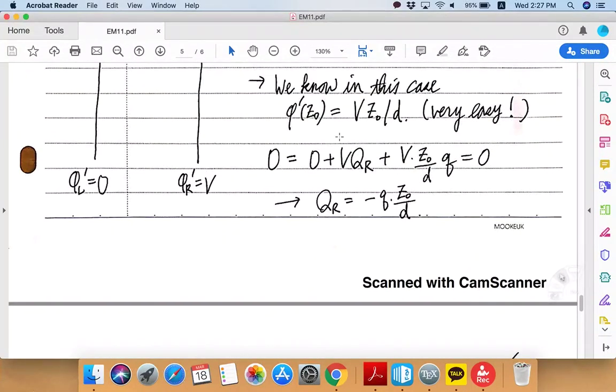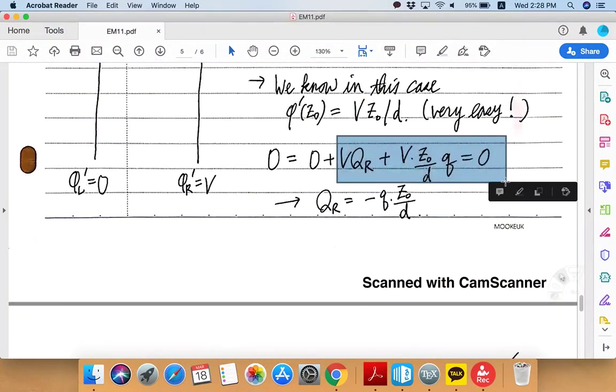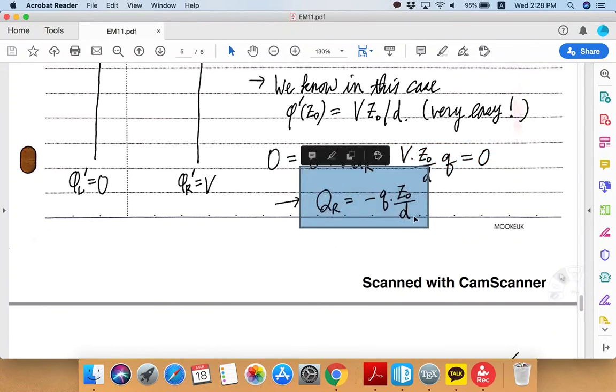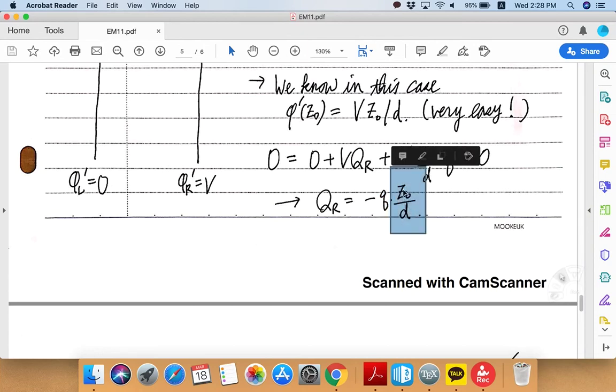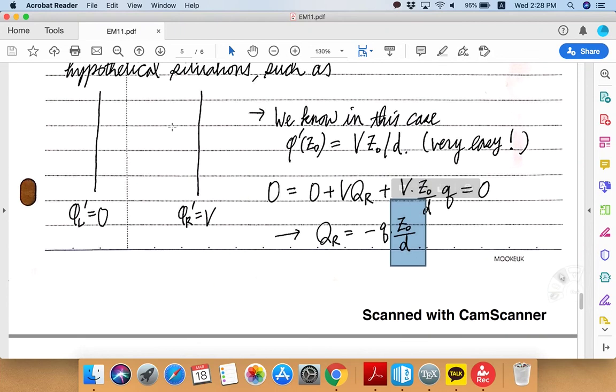And the result is this. Now this trivially gives us the induced charge QR in terms of the charge we have placed in the middle between the capacitors. And that's nicely proportional to the relative distance that the charge is located with respect to one of the plates.